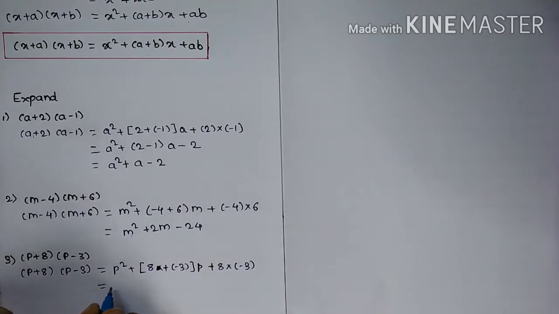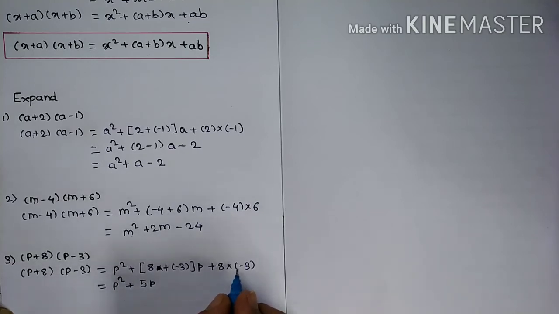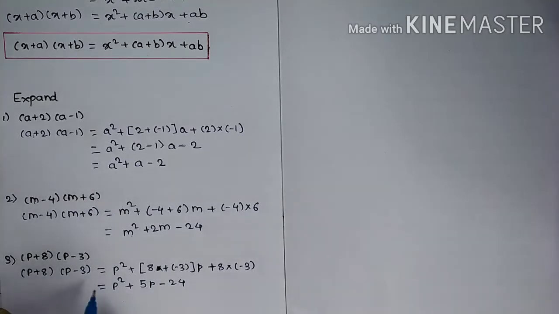Equal to p square, plus into minus is minus, therefore 8 minus 3 is 5p, 8 into minus 3, that is minus 24. Therefore (p + 8)(p - 3) is p square plus 5p minus 24. Okay, now see next example.